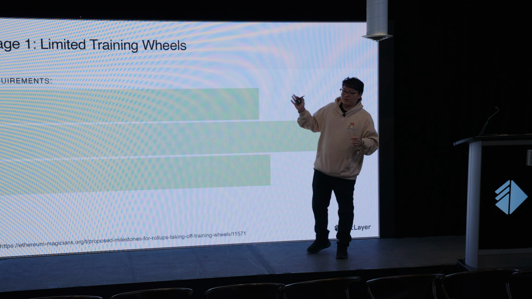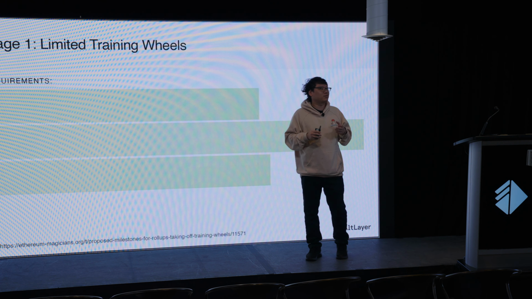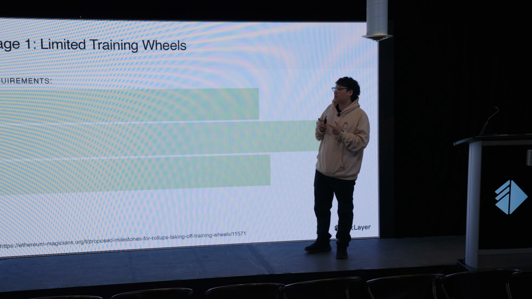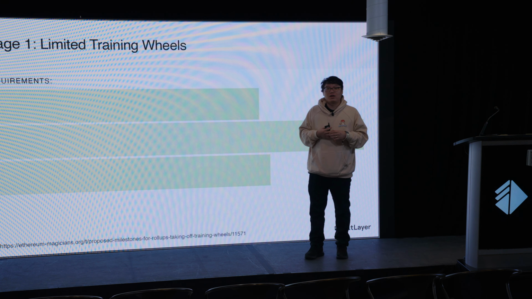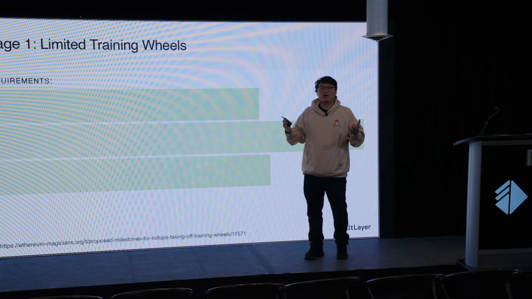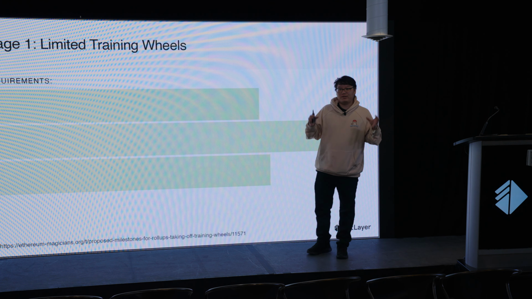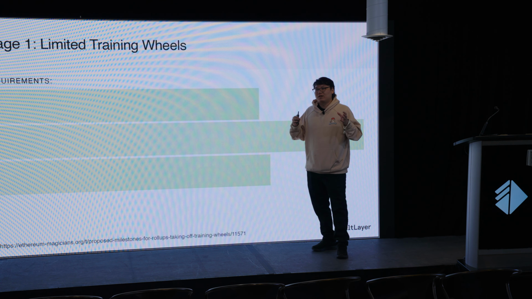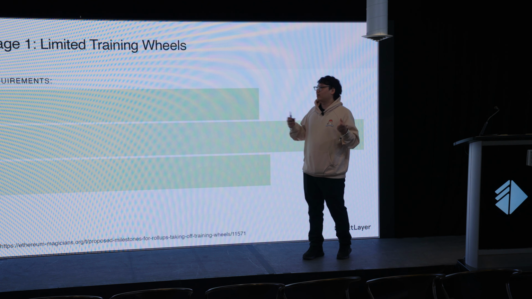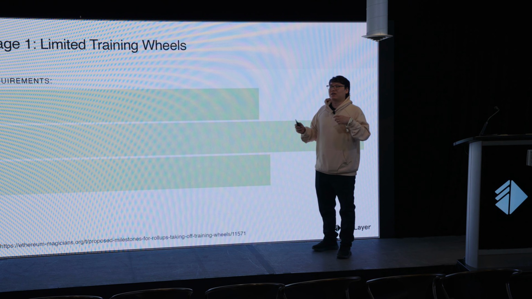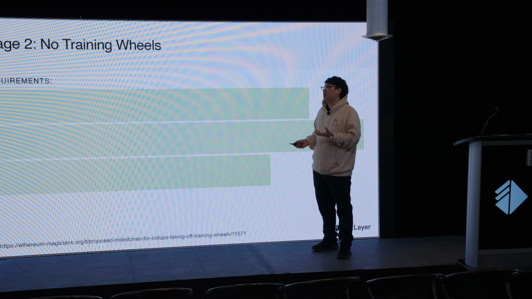So for stage 1, we will have at least one proof system. Beyond that, there are also some extra requirements. For example, they have a security council in case something goes wrong, and we can upgrade the rollup with a threshold of 5 different signatures, instead of the admin of the contract being able to upgrade it immediately.